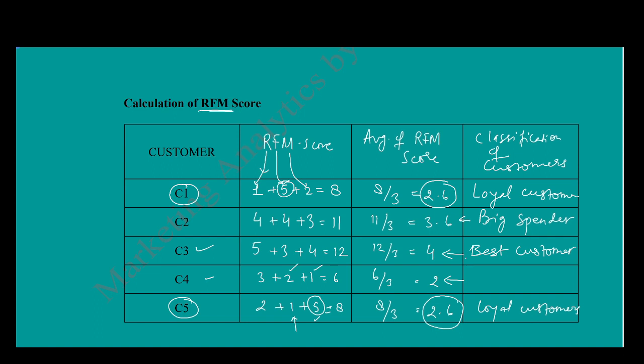So he may be the recent customer. I need to follow up with this customer so that I can better evaluate the pattern in which this customer is shifting his recency, frequency, and monetary aspect.